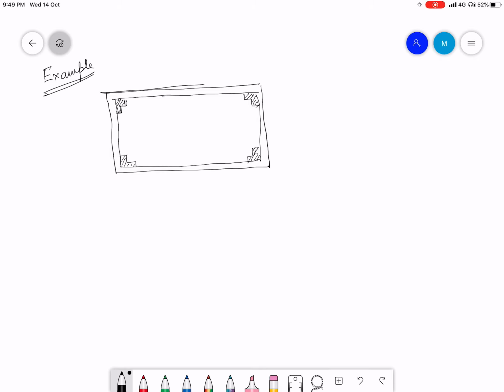So I have this rectangular thin walled cross section. So this is my x-axis, this is my y-axis.